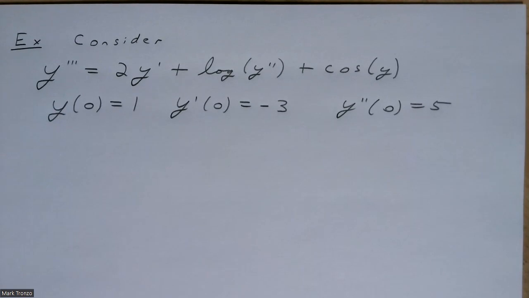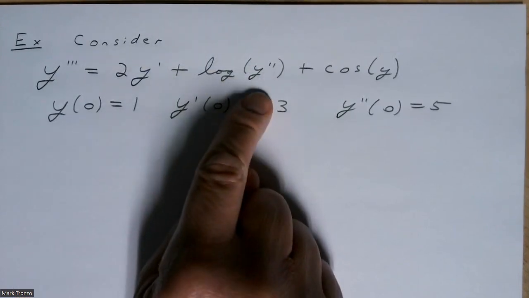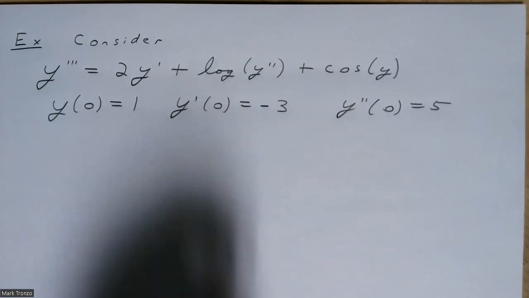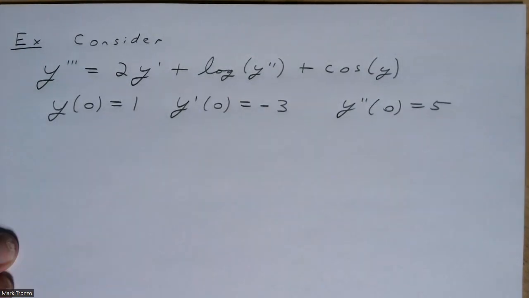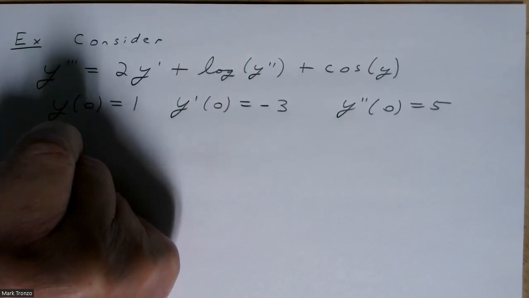So let's take a look at this example. We're given this higher order differential equation. It has a third derivative in it and the second derivative. And it has these initial conditions. And we want to write this as a system of first order equations.